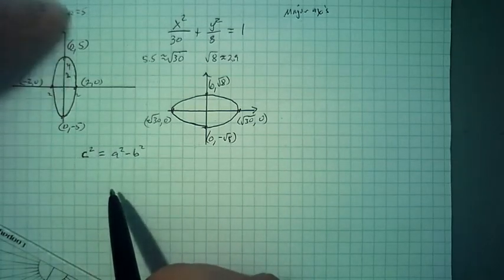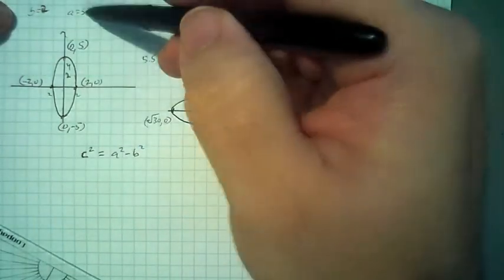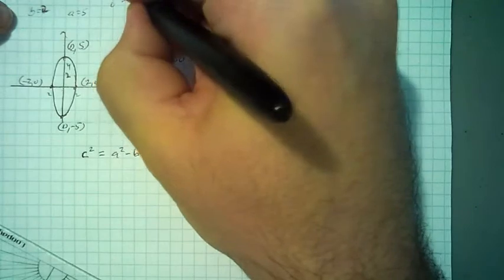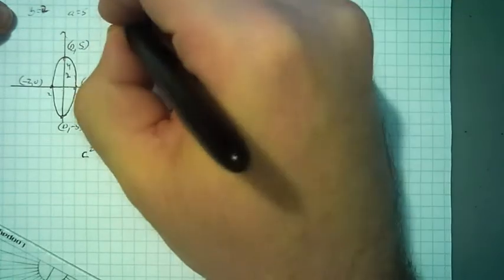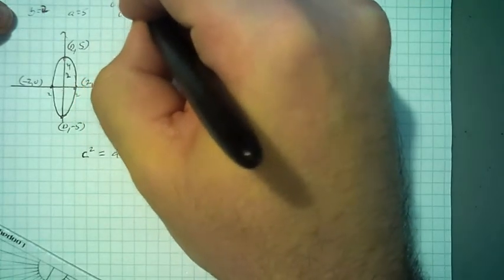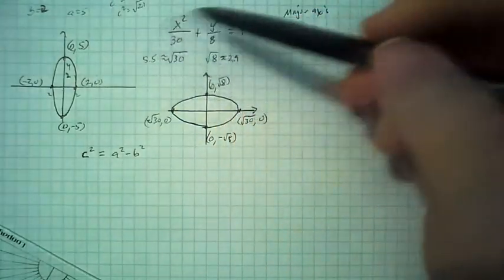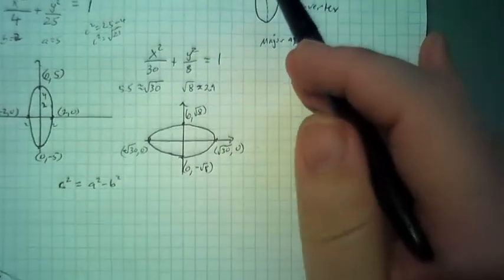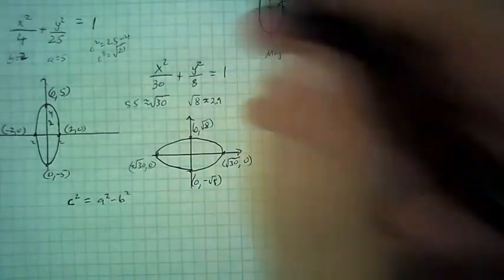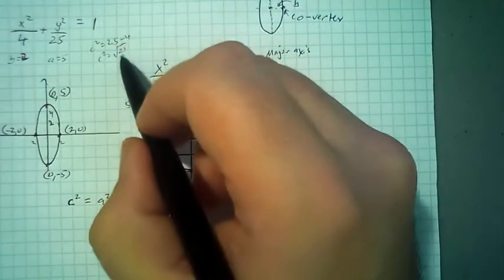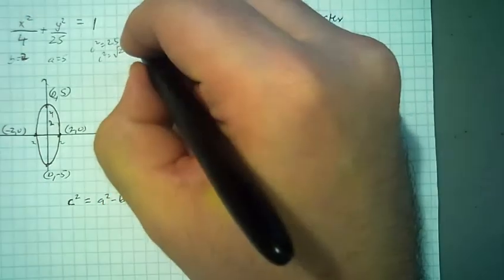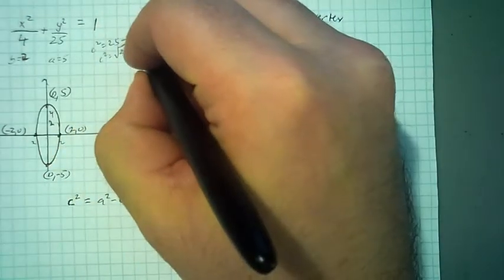And for our first example, c squared equals a squared, which is 25, minus b squared, which is 4. So c squared is 21, and c is the square root of 21. Typically speaking, except in very rare occasions, at least one of these three numbers is going to be irrational. So be prepared. Now this is a number bigger than 4. Right? 4 squared would be 16. 5 squared is 25.